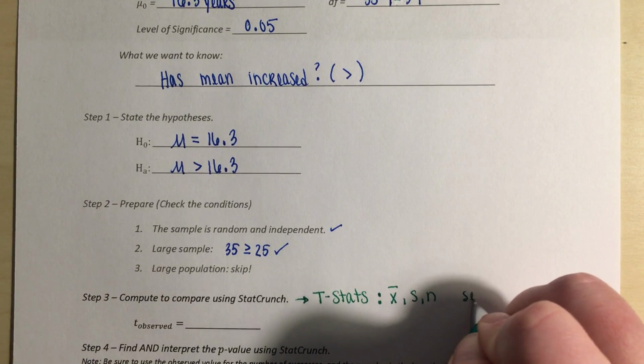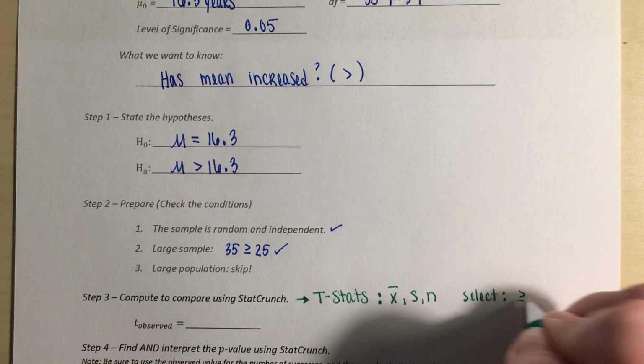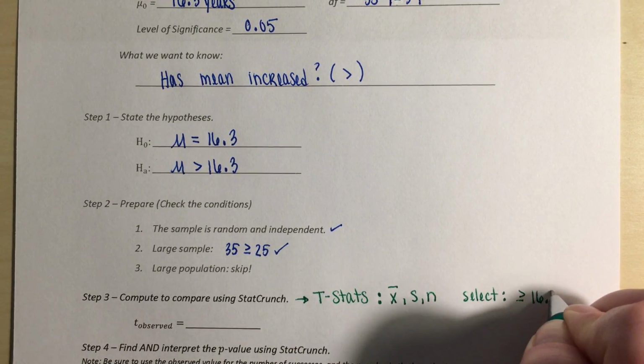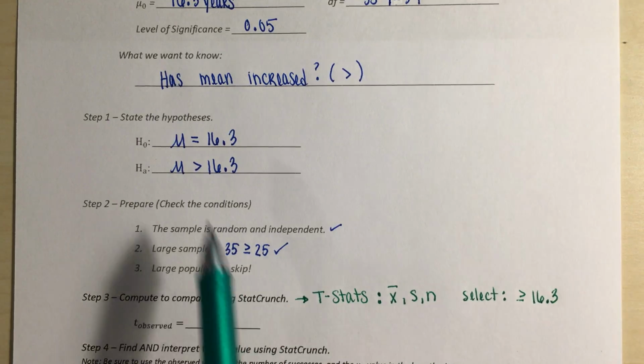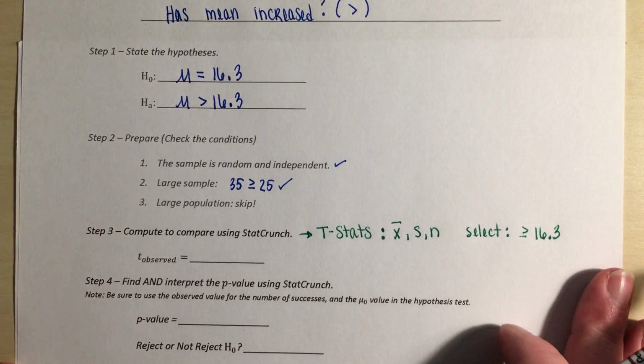So we do want to be sure to select the greater than, and then put our mu-naught value of 16.3 from our hypotheses in there. Once we hit compute, we are given our values.